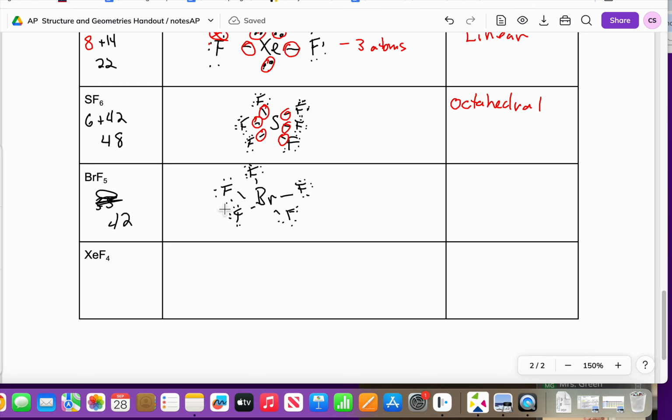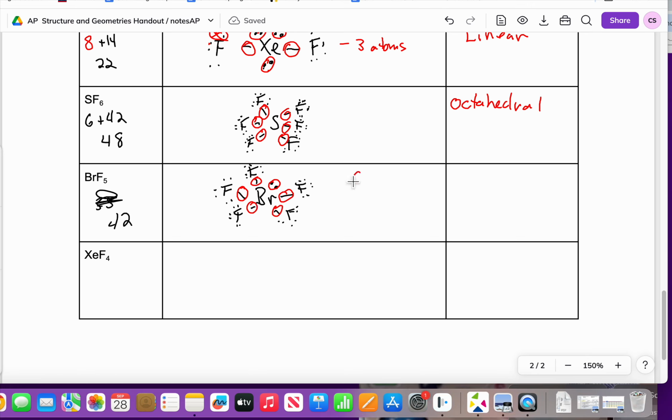Anyway, so then we count, there's 1, 2, 3, 4, 5 times 6, that's 30. 6 times 5 is 30, 32, 34, 36, 38, 40. But we're too short, so we're going to add a lone pair here. So there, that's 42. Now we can count our electron domains around the middle atom only. 1, 2, 3, 4, 5, 6.